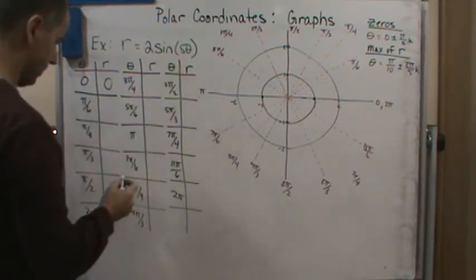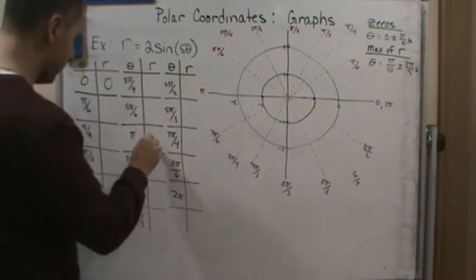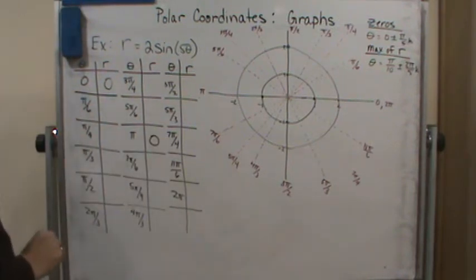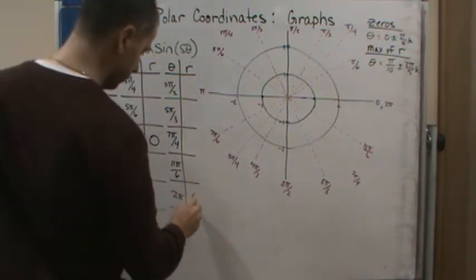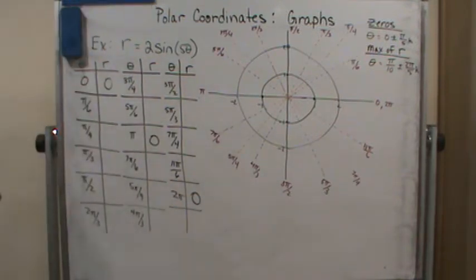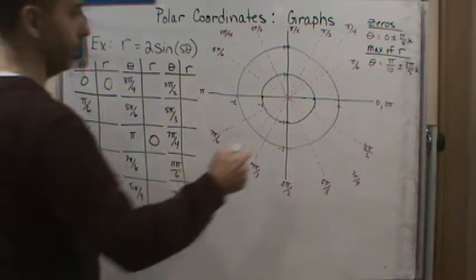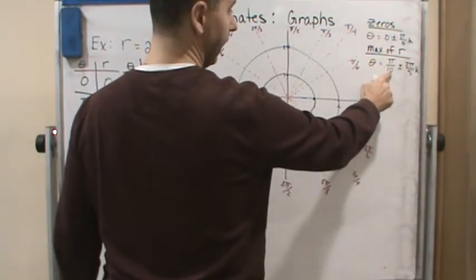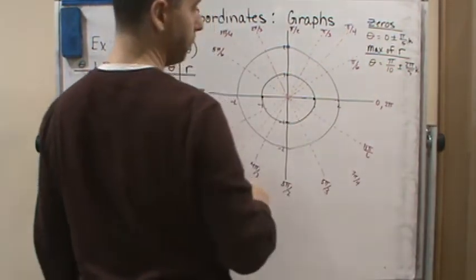That makes sense. And at 2 pi it's going to be 0. Okay, as far as what we have on our table. And then the maximum values of r, which is 2, is going to happen at pi over 10, and then adding or subtracting 2 pi over 5.